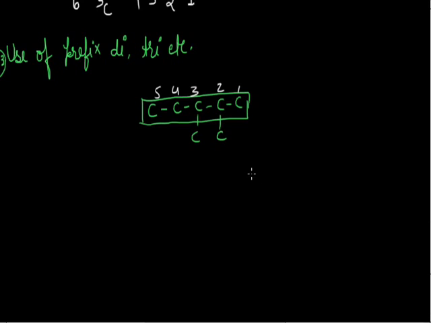A methyl group is present on the second and third carbon atoms, so we will use 2 and 3, because two methyl groups are present and both are the same substituent group, so we will use di as the prefix. So we can write 2,3-dimethylpentane.